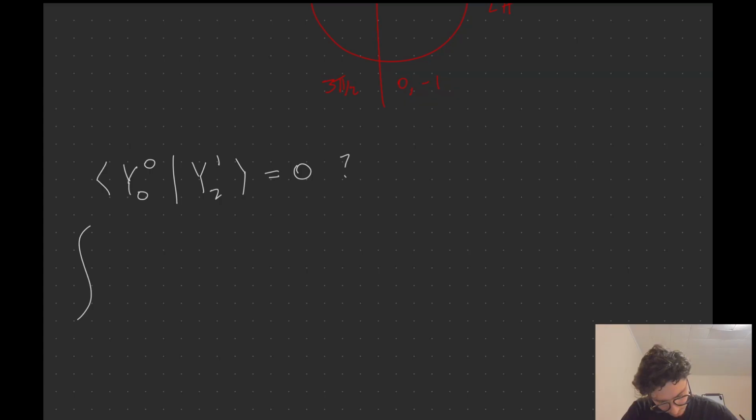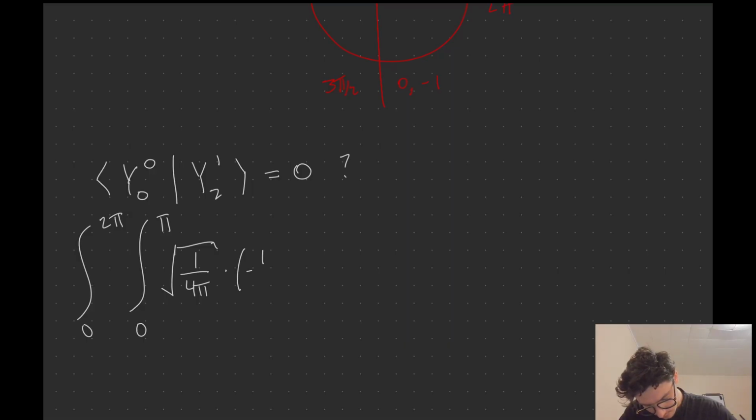Is this true? 0 to 2 pi, 0 to pi. Square root of 1 over 4 pi. Then over here what we had was a negative 1/2, square root of 15 over 2 pi, right?